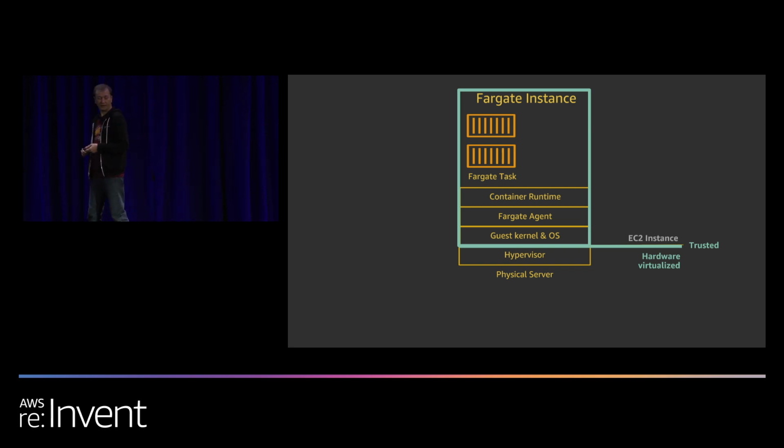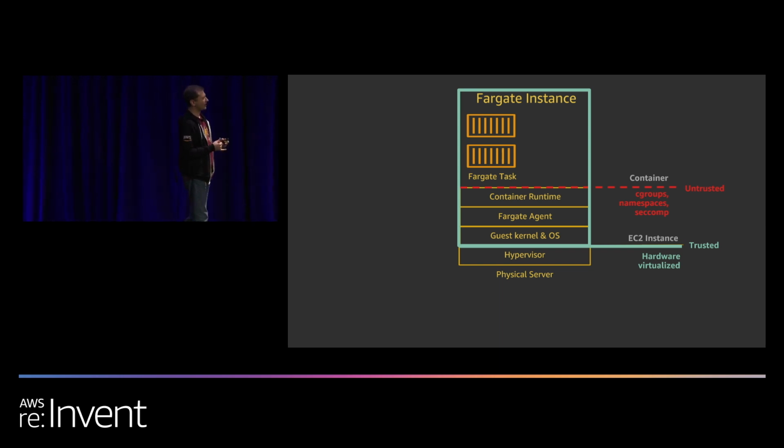Your Fargate task, composed of one or more containers, is running on top of this stack. Now, the container isolation boundary is composed of abstractions like C groups, namespaces, and seccomp policies. Although they provide some level of isolation, at AWS, we do not trust these to be secure enough for multi-tenancy.